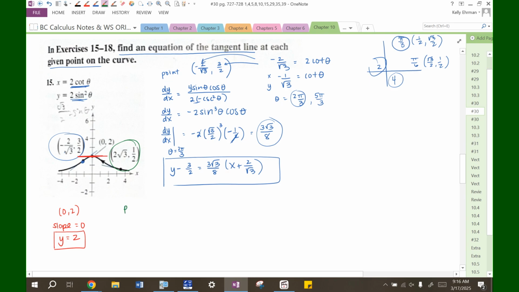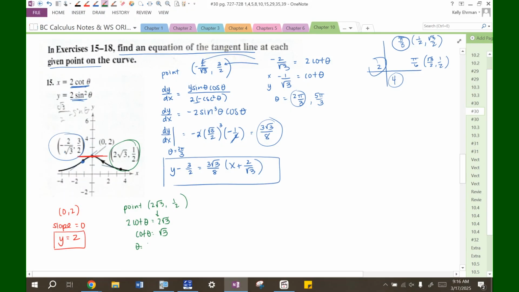But I do need to know when the point is 2 radical 3 and then 1/2. I need to know what the theta is. So again, I can say 2 cotangent theta equals 2 radical 3. And cotangent theta would just equal radical 3 if I divide by 2. And so what's the theta that makes that happen? So before, when we had 1 over radical 3, the angle was a pi over 3 angle.